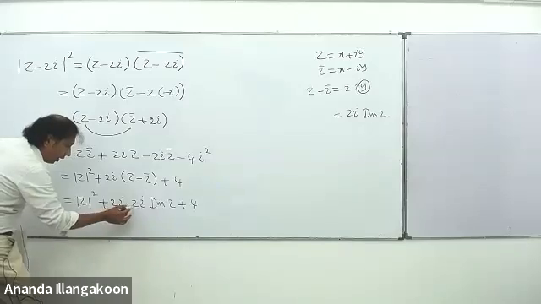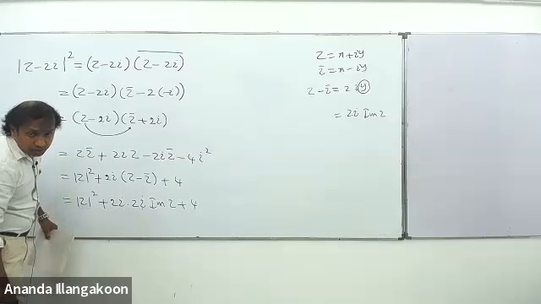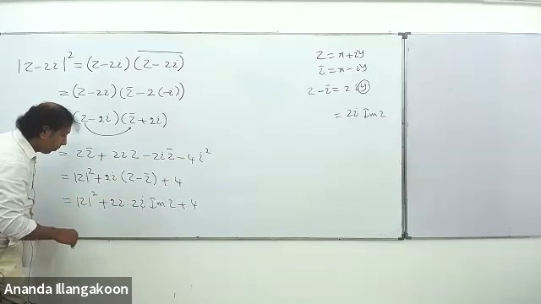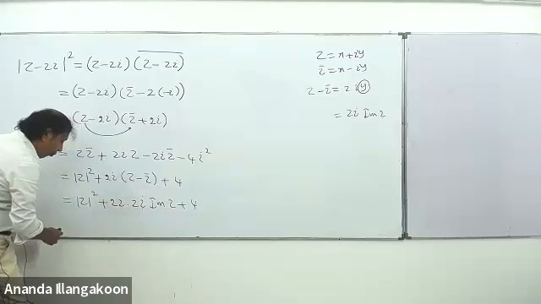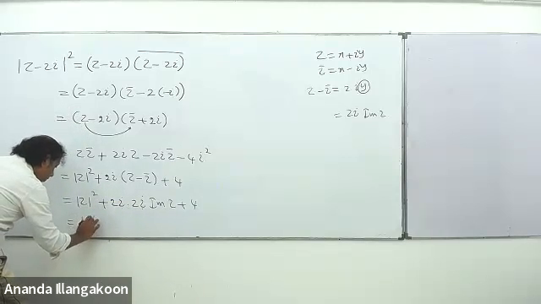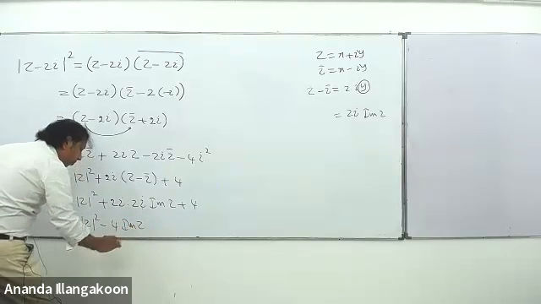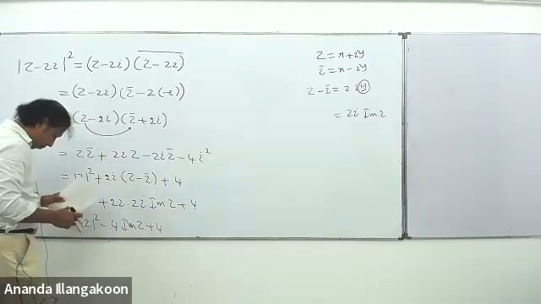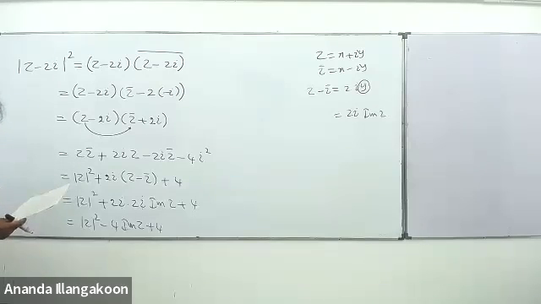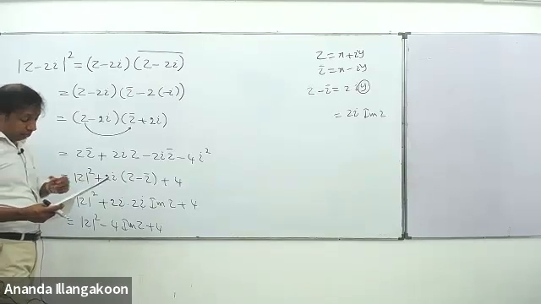Here I and I squared, I squared is minus 1, 2 and 2, 4. Mod Z squared minus 4 Im Z plus 4. We get that answer.